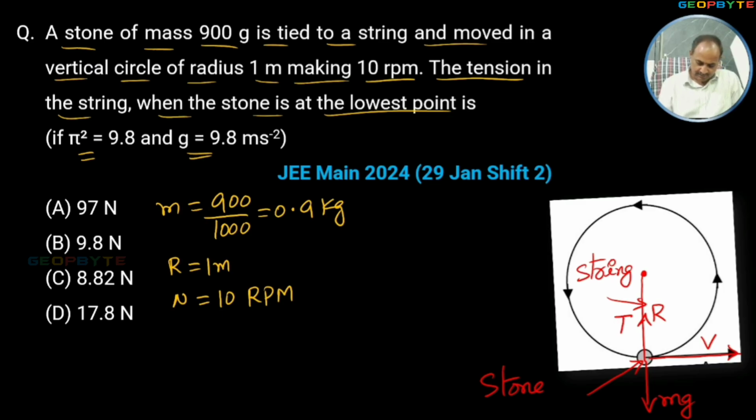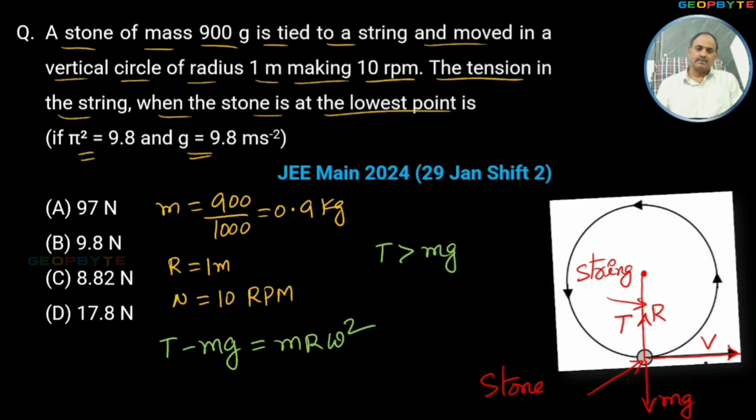Definitely here T is more than mg. Here I can write that T minus mg is the net force, that is the centripetal force, m r omega square. That is the fact, right? Net force must be equal to centripetal force. This T you are asked to decide.